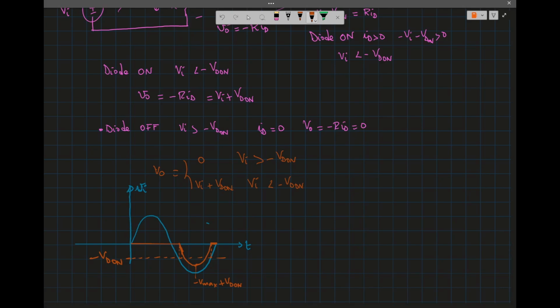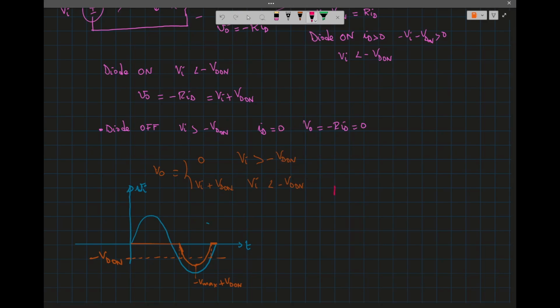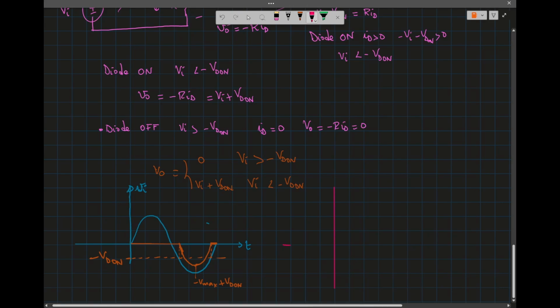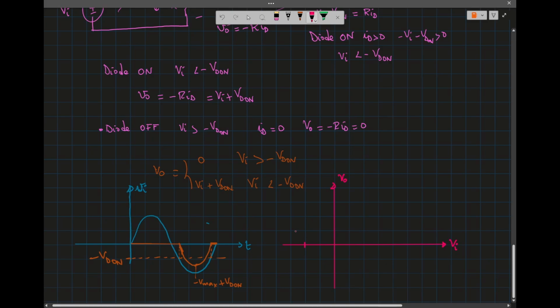Now let's sketch the transfer characteristic. So I'm going to sketch the output as a function of the input. So the input is here, the output is here. So this is minus V_D(on).